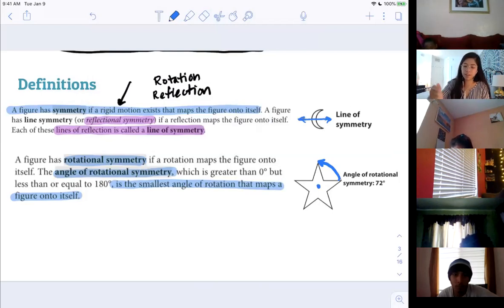So let's look at the moon. We know the moon has reflectional symmetry because there's a halfway line, but does the moon have rotational symmetry? Can you rotate it and get to the same place?